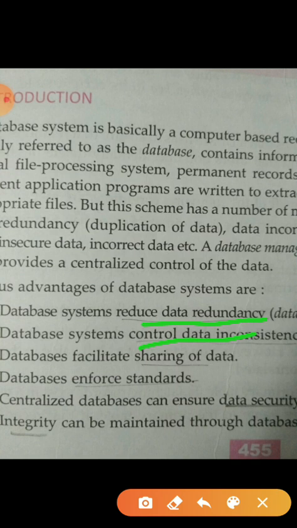It means if we create data, and suppose I am collecting the data in different places, one table, two tables and three tables, for different purposes for our students' records. And if I want to change that data for some work, I will change two tables and forget to change the third table.